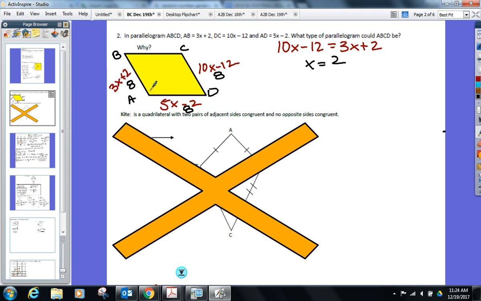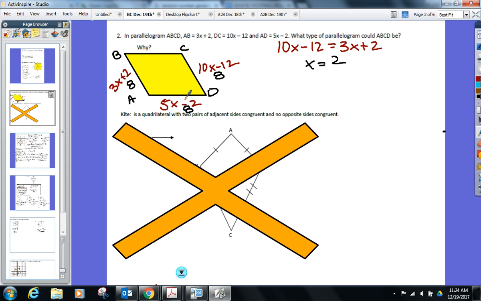We got rectangle, rhombus, square. Why? It's already a parallelogram. What do you know about 2 consecutive sides? So that makes it into a rhombus.